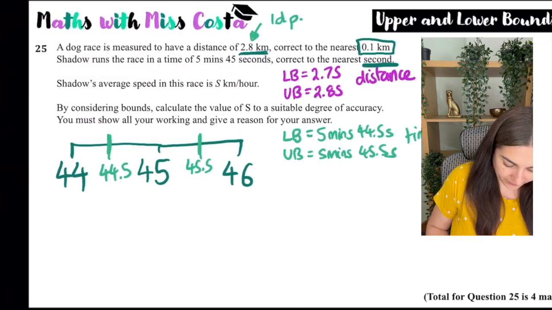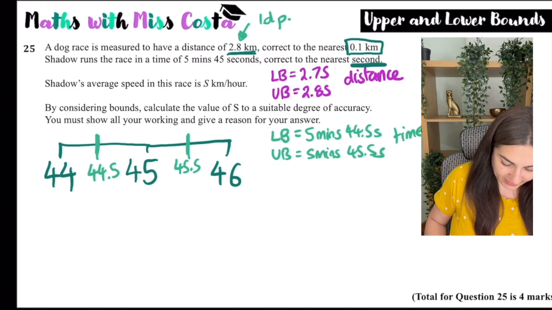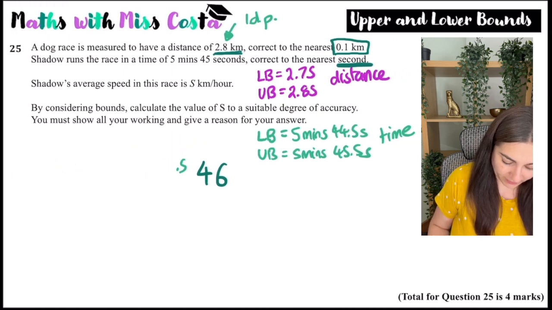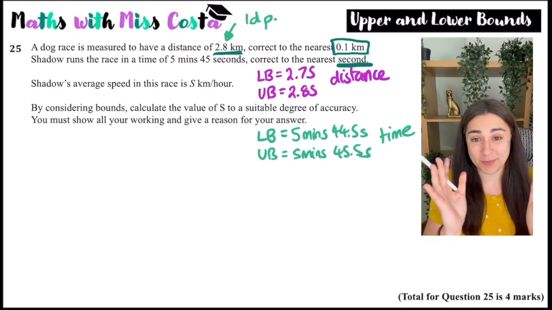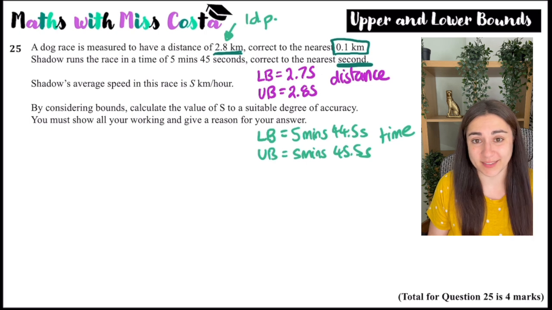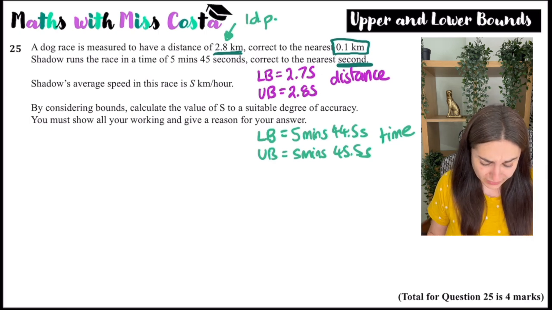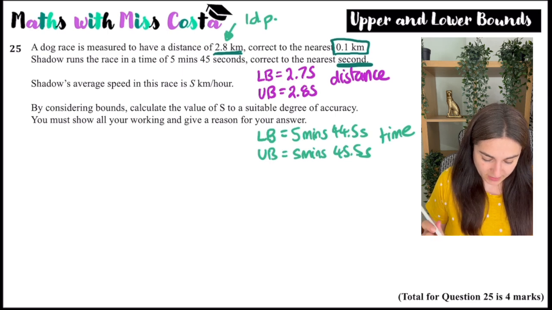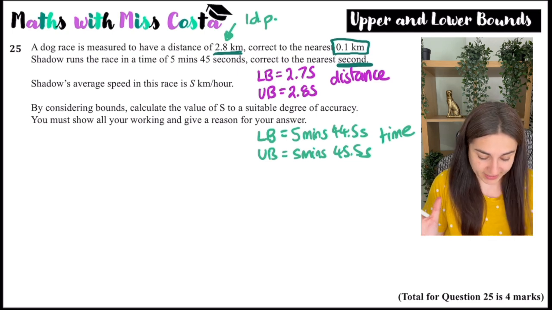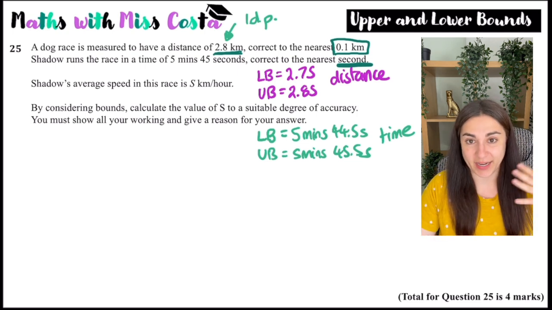Now, this is a tricky question because it's just involving a lot of calculations, but hopefully the minimum that we can get is the upper and the lower bounds, and that's marks. You're just sweeping them up, okay? So essentially, a dog race is measured to have a distance of 2.8 kilometers, correct to the nearest 0.1 kilometers.